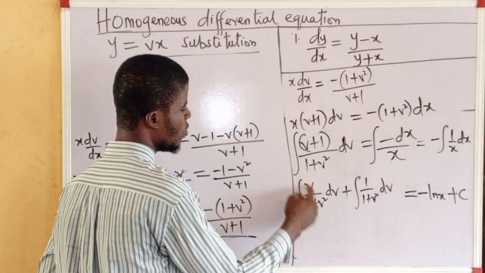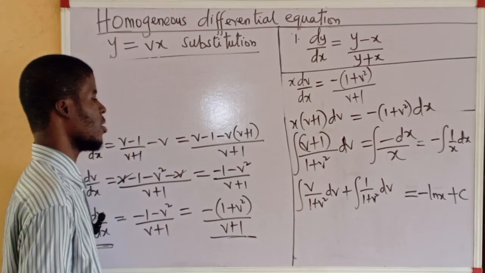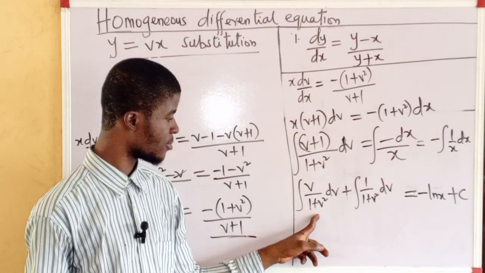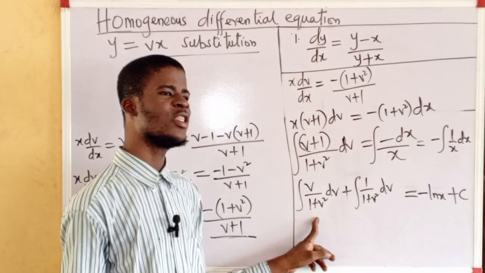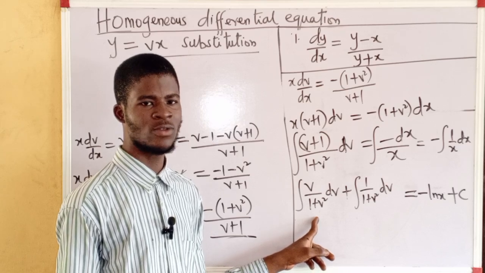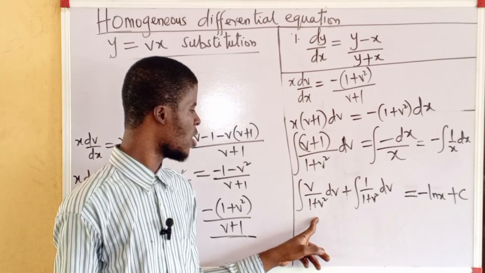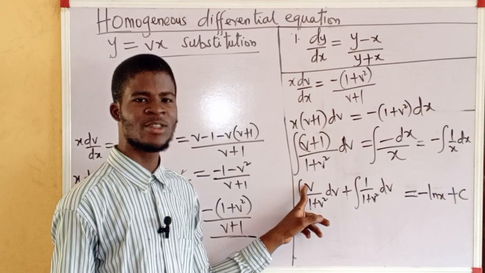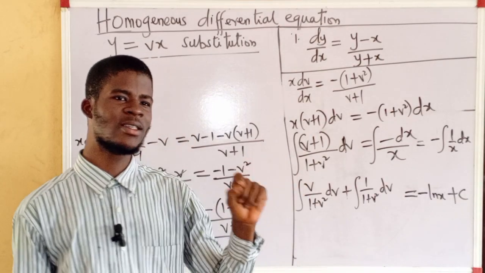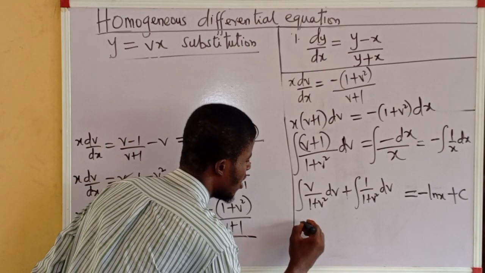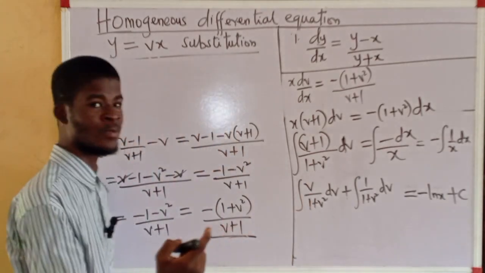How do we integrate v over 1 plus v squared dv? If I look at the denominator, I have 1 plus v squared. And if I differentiate 1 plus v squared with respect to v, I will obtain 2v. But I'm having v at the numerator, so I can make that numerator contain 2v by multiplying both up and down by 2.